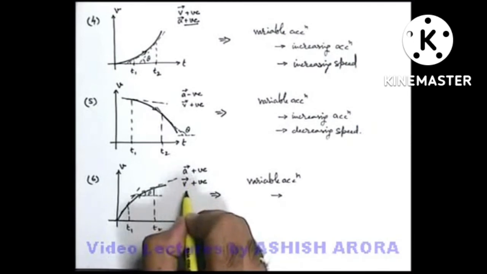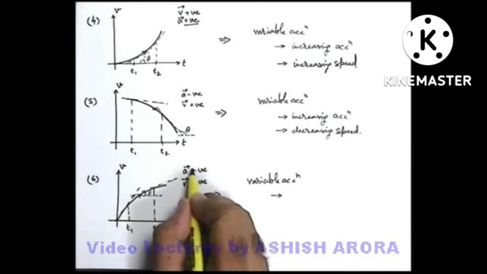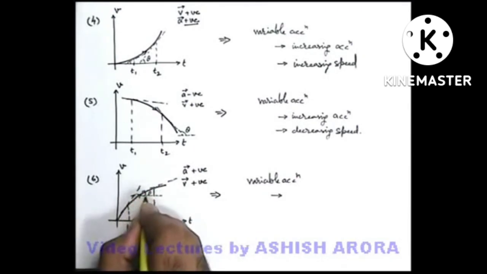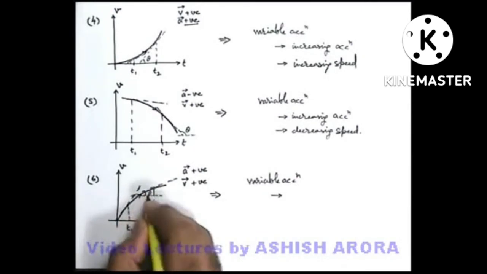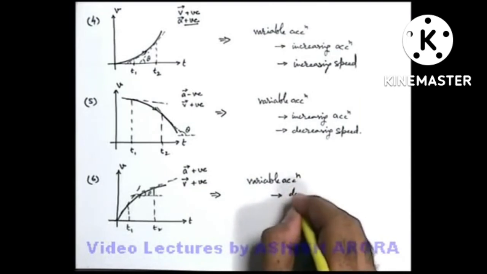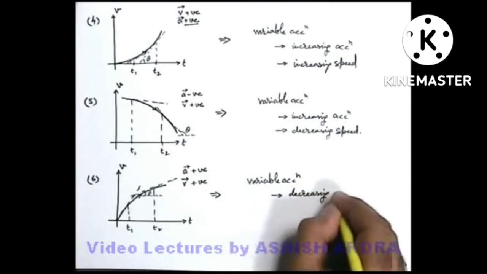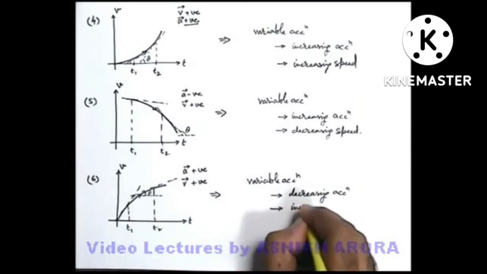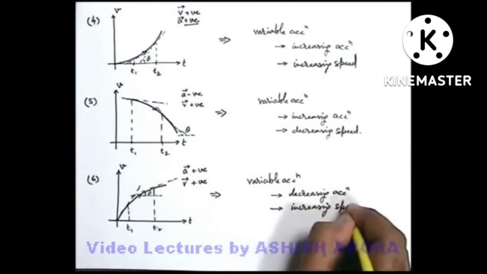So in this situation we can state speed is increasing because both are in the same direction, but we can see that the slope steepness is decreasing, or the angle made by the tangent with the time axis is decreasing. This belongs to the category of decreasing acceleration, but as acceleration is in the same direction as velocity, speed will increase, so this is the case of increasing speed.